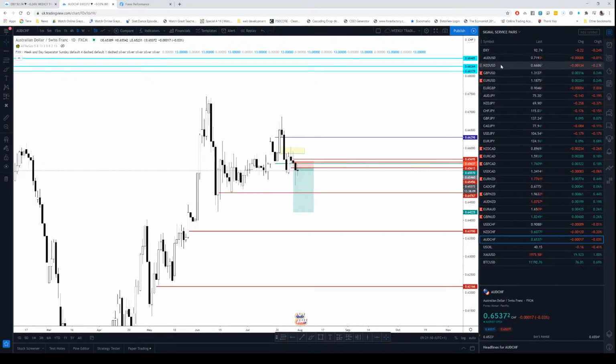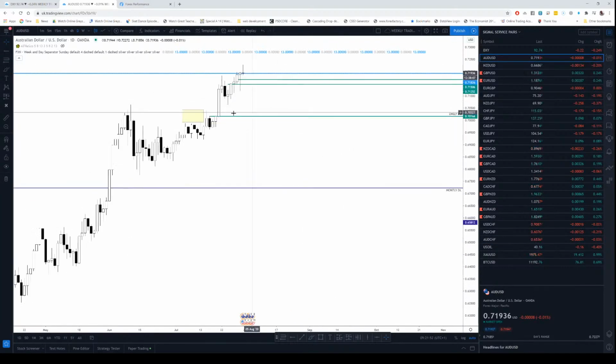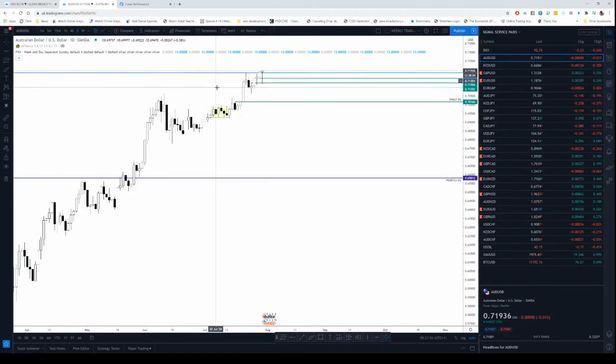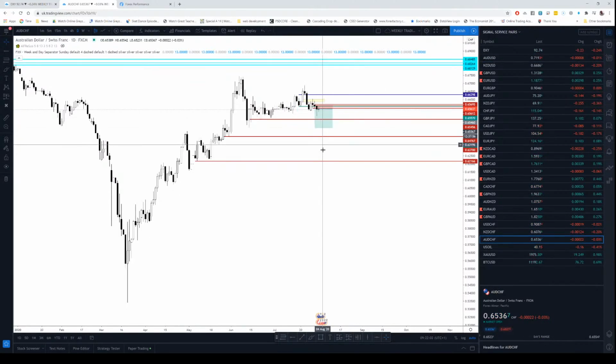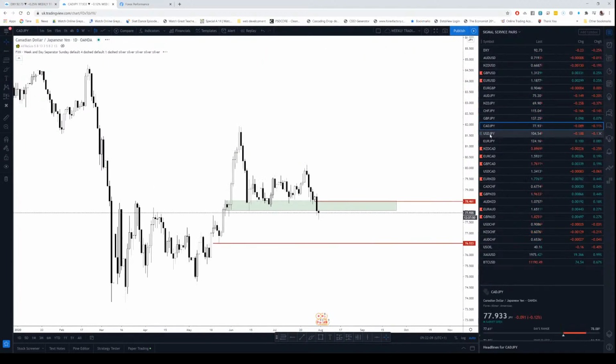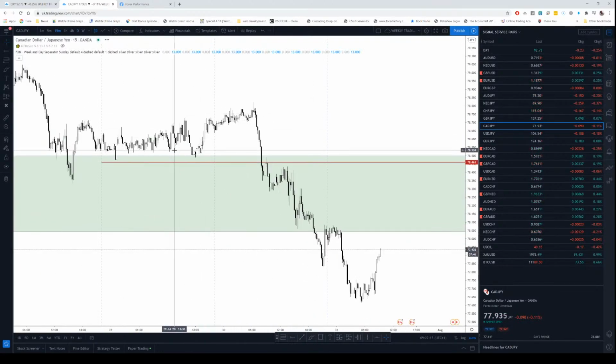For now, you can see Aussie's not terribly bullish, but it's going up. So be patient with it. Once we start seeing the weakness coming in, we can take advantage of this. I think what it's doing is similar to what I showed you on CAD yen. When price is about to move, it does these sideways moves, and it's doing it on a higher time frame.